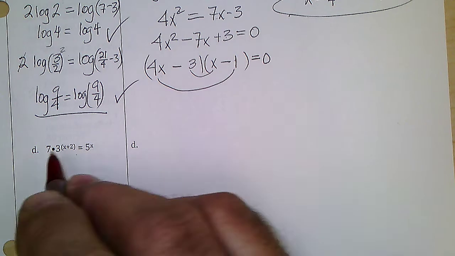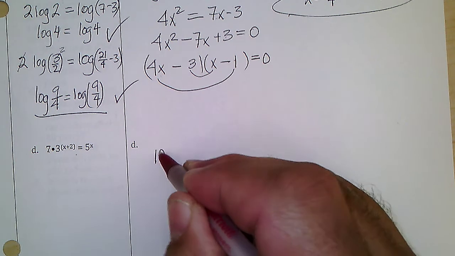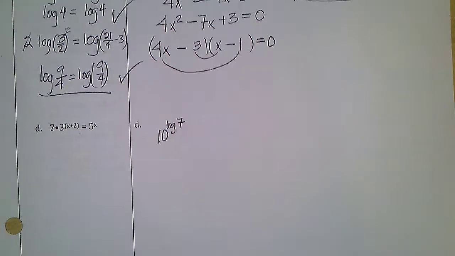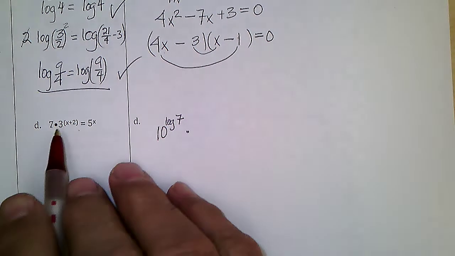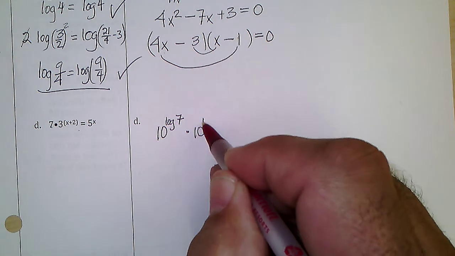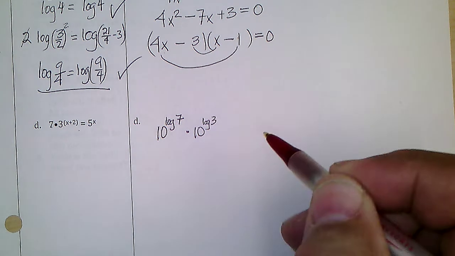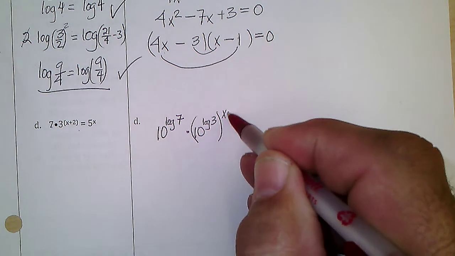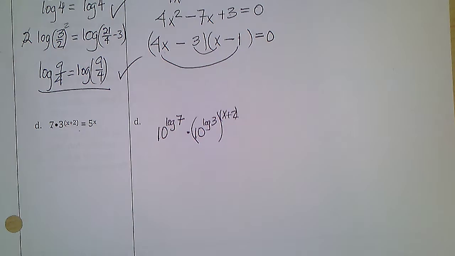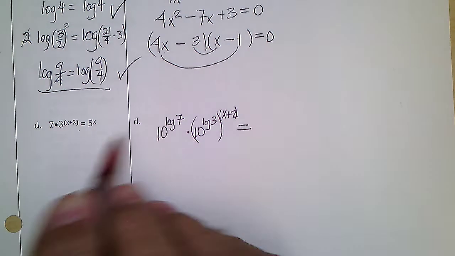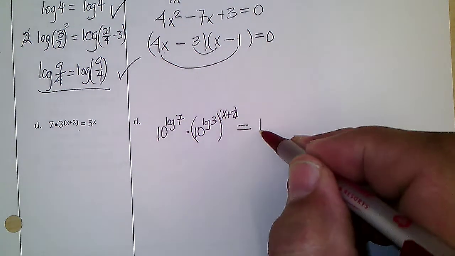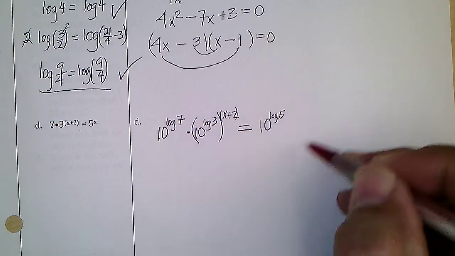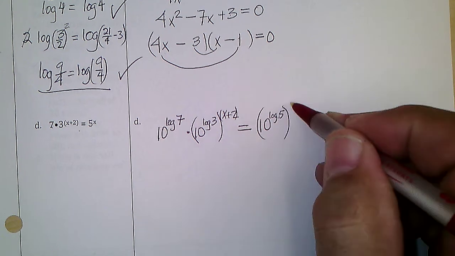So I'm going to go 7 is 10 to the log 7, times 3 is 10 to the log 3, and that is to the x plus 2. Equals, to make 5 have a base 10 would be 10 to the log of 5 in base 10. And that is to the x.